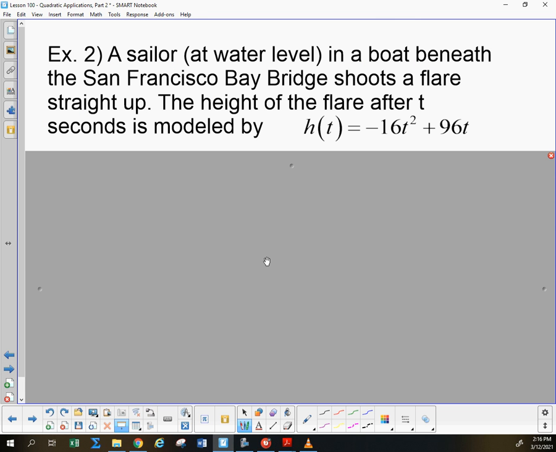A sailor at water level in a boat beneath the San Francisco Bay Bridge shoots a flare straight up, and the height of the flare after t seconds is modeled by negative 16t squared plus 96t. With this plus 0 in there, that would mean the height that it gets to above the gun that it flares out from, so above the flare gun.